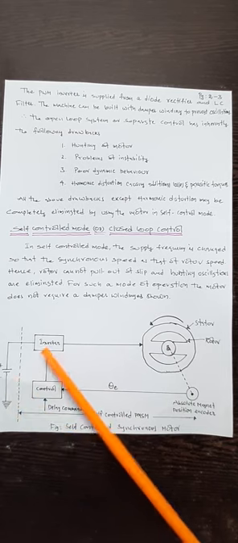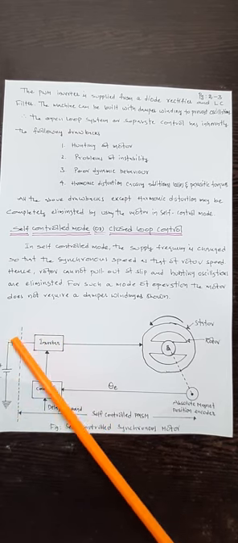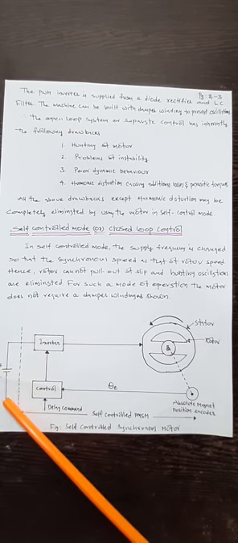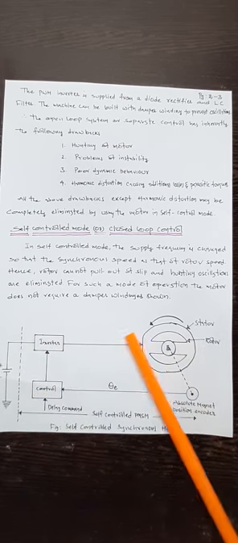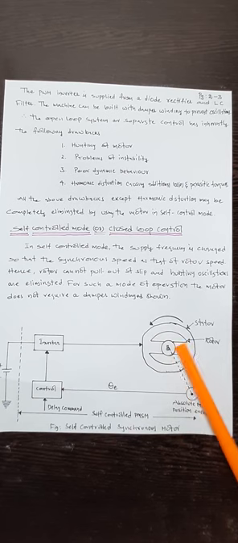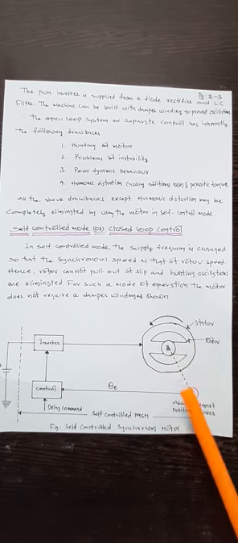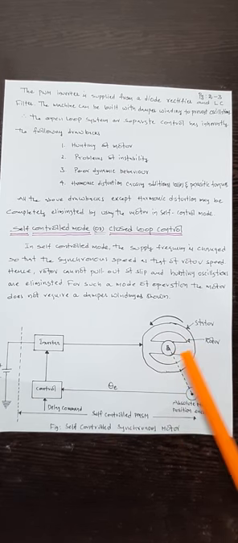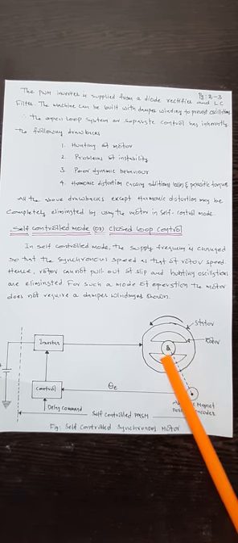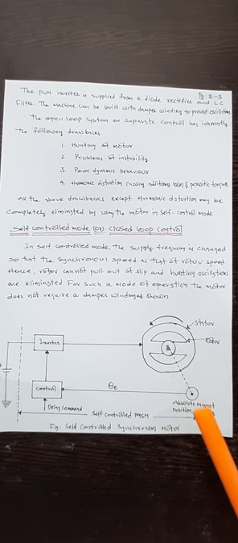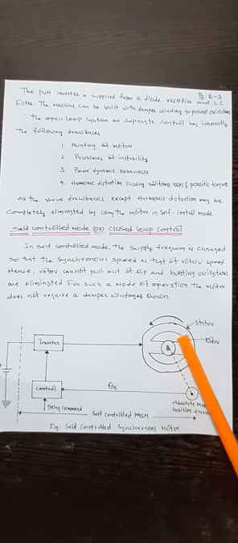The inverter is fed through a DC supply. On the rotor we mount an absolute position encoder so that it always follows the position and speed of the rotor.